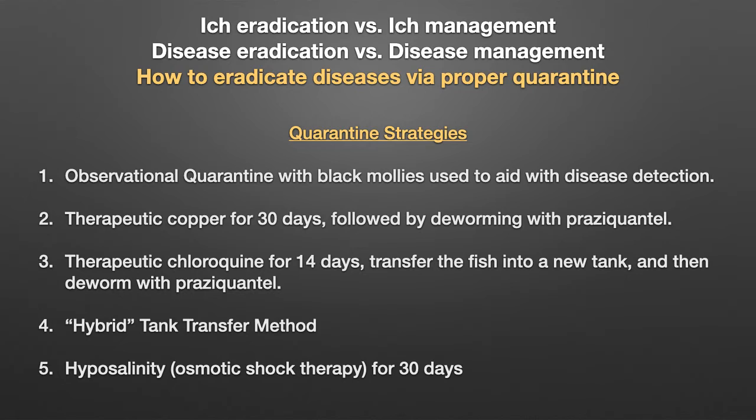Strategy 2. Therapeutic copper for 30 days, followed by deworming with praziquantel. Strategy 3. Therapeutic chloroquine for 14 days, transfer the fish into a new tank, and then deworm with praziquantel. Strategy 4. Hybrid tank transfer method. Strategy 5. Hyposalinity, osmotic shock therapy for 30 days.